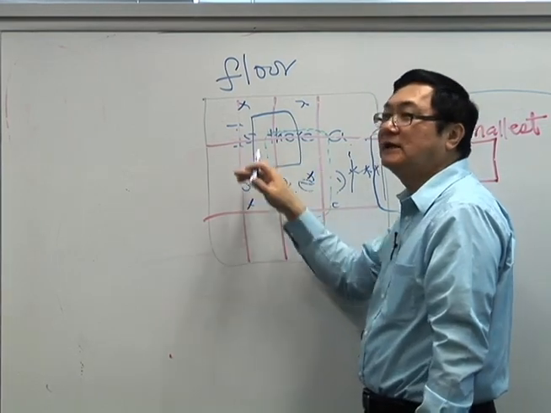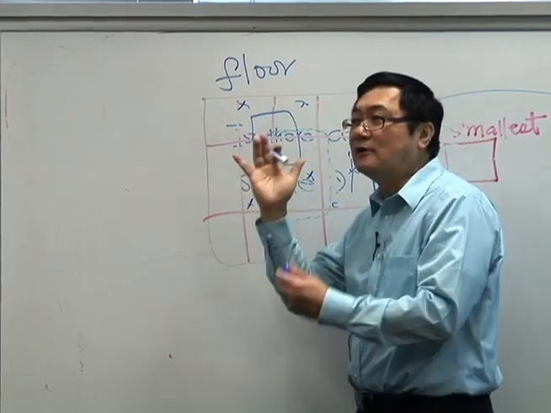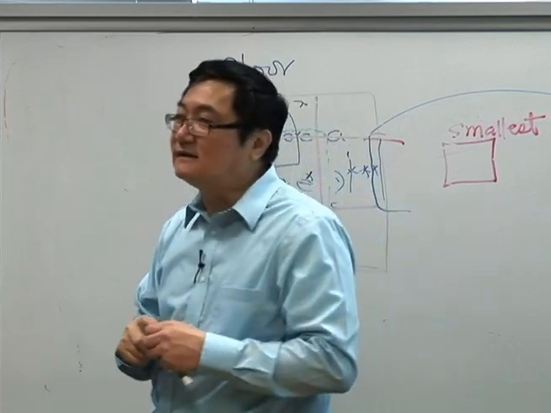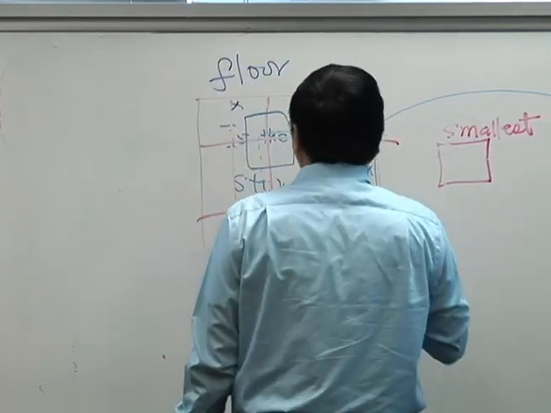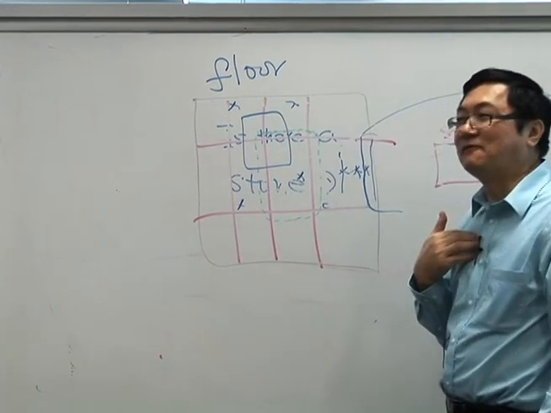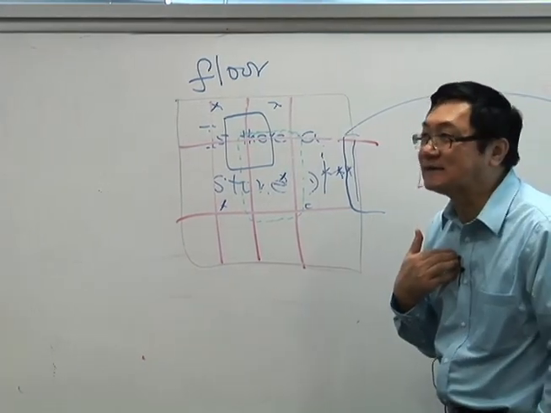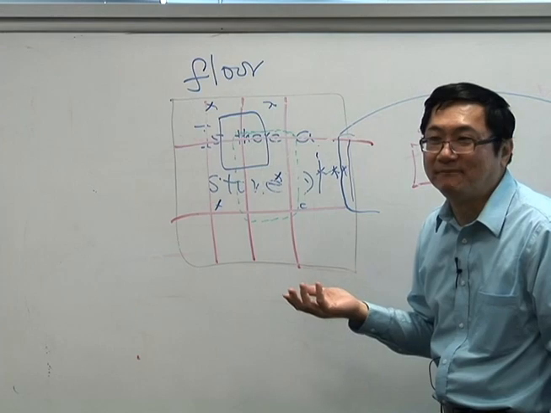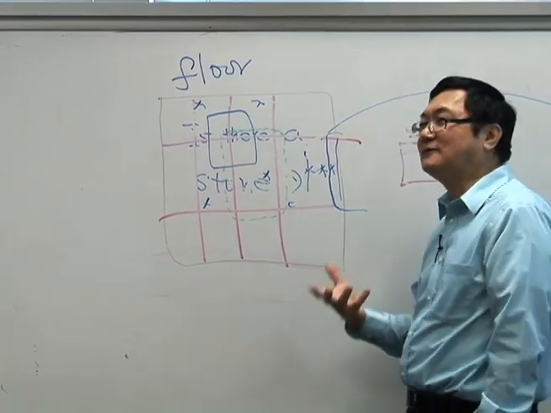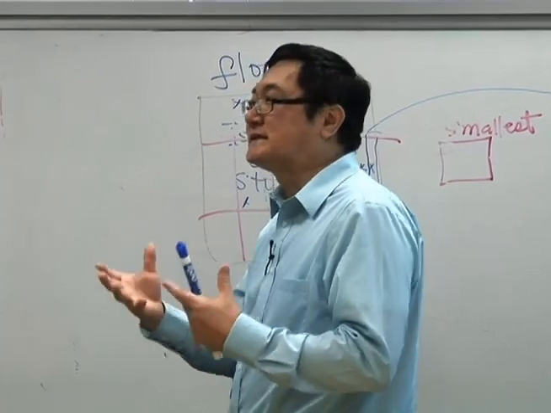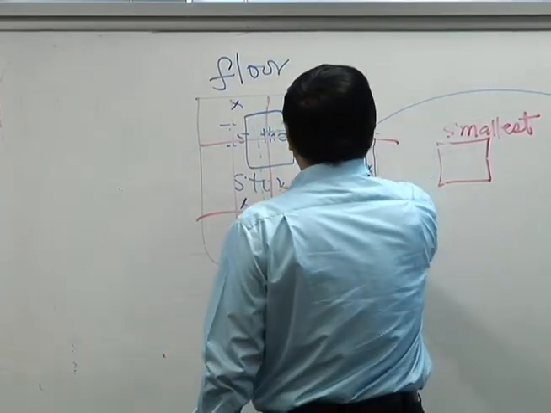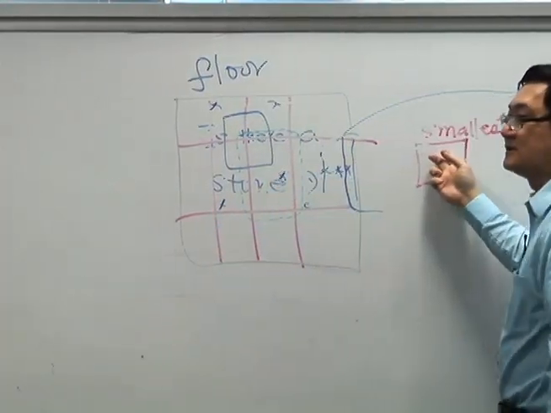So I checked each cell, and none of them tells me that there is a stone. So my conclusion is that there is no stone on the floor, which is incorrect. So that means you did not find the right relation between the size of the cell and the size of the smallest stone.